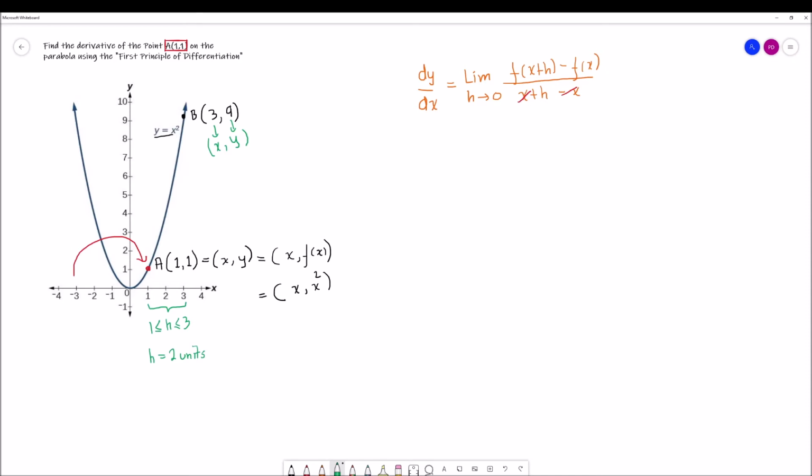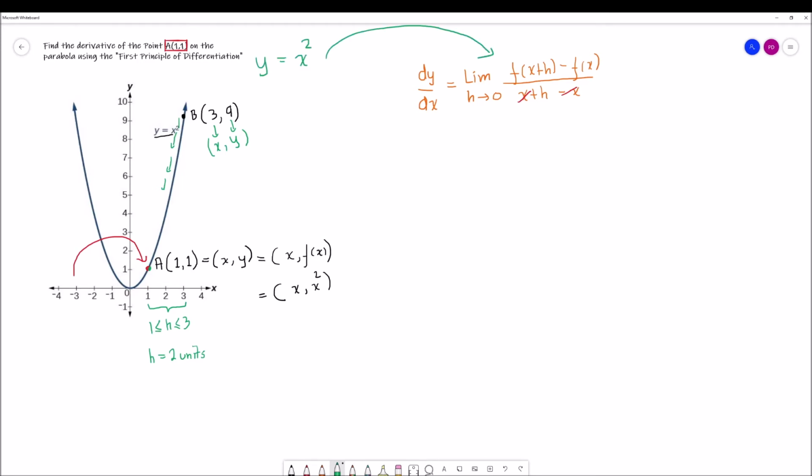Because we have to move this point so close to this point that the difference is barely seen. But at the same time, there will be a difference, because if there's no difference between these 2 points, then there's no way we can differentiate them and find the instantaneous change in y at that point.